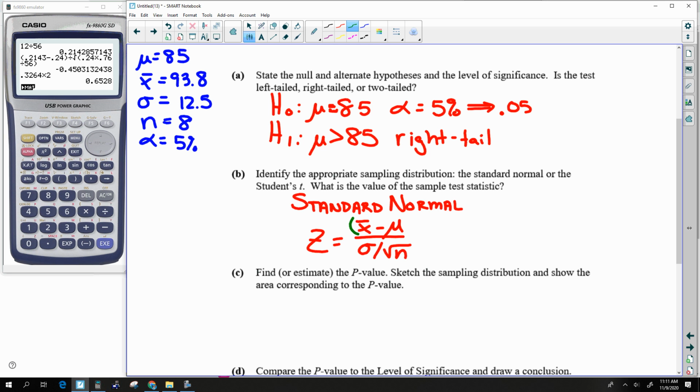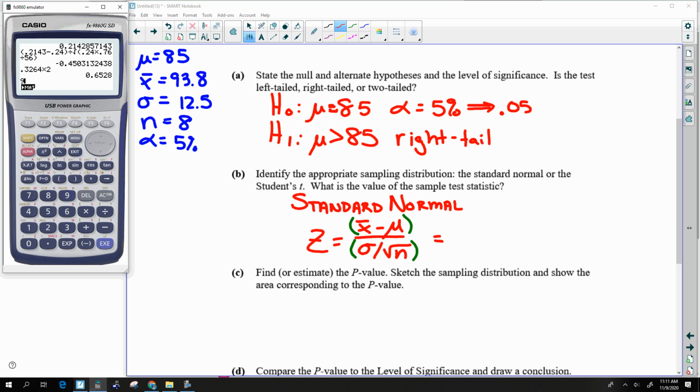And again, with this, we have parentheses around the complete top and the complete bottom. That gives 1.99.